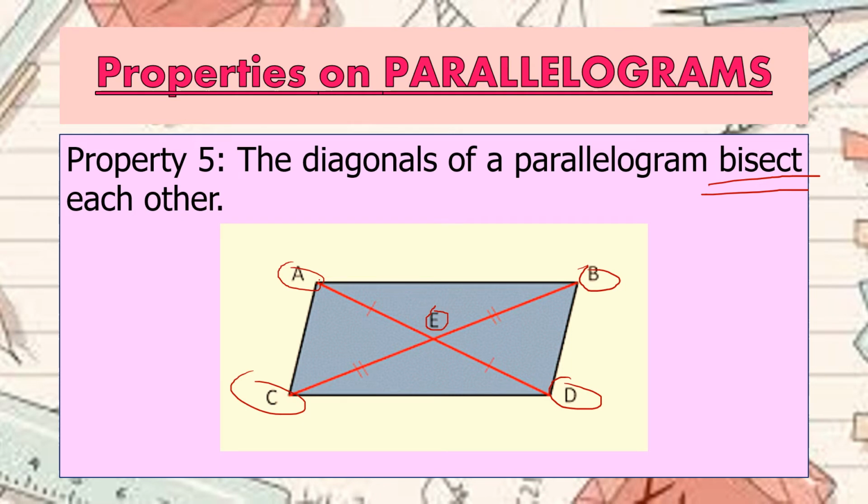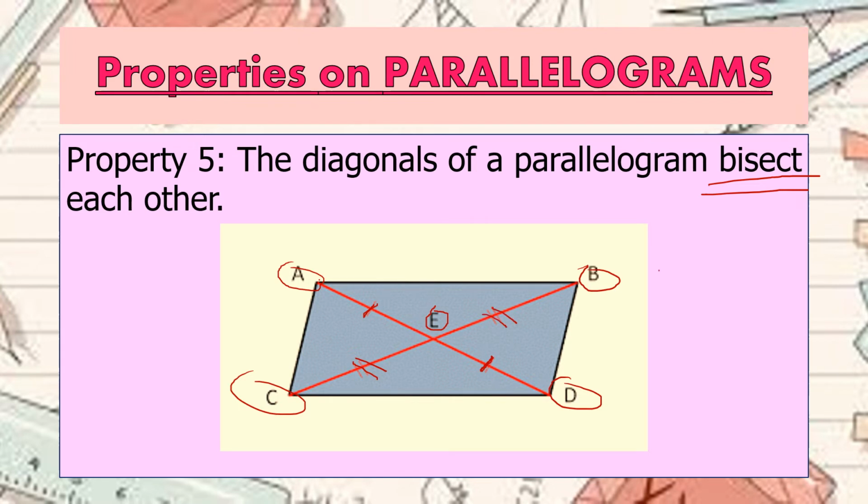Again, the diagonals of a parallelogram bisect each other. So, dahil nga nagkaroon ng point of intersection sa E, AE is congruent with ED. Next, CE is congruent with EB.